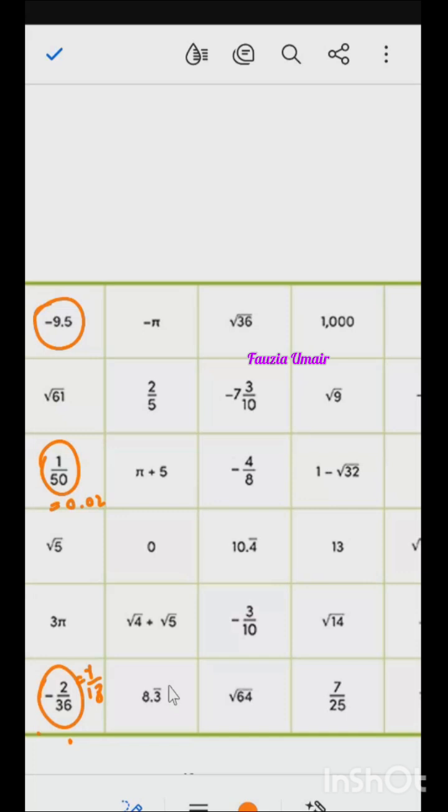Non-zero denominator. So 1 by 18 is basically 0.05 recurring, it's a recurring decimal, beta. It's a rational number. Okay? So next is pi. What is pi? Pi is irrational. Okay?